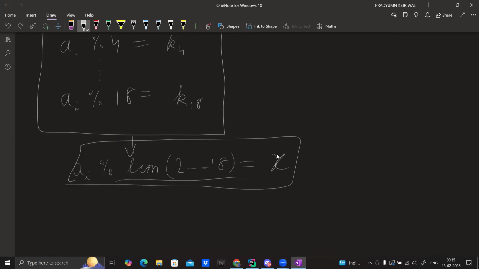And actually, the LCM of 2 to 18 is very large, of the order 10 to the power 8.